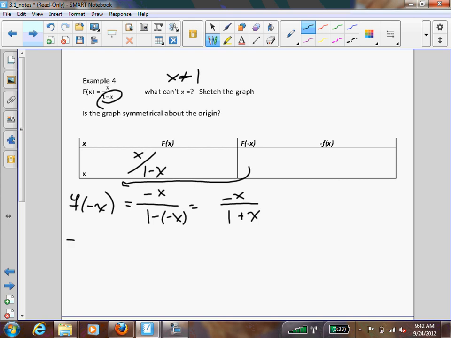Now we have to do the opposite of f of x, correct? That's the opposite of what? Right. Okay, so then here's where y'all are going to make a mistake. Where do I put that negative sign? Do I put it both on the top and the bottom? Or do I put it on the top or on the bottom?